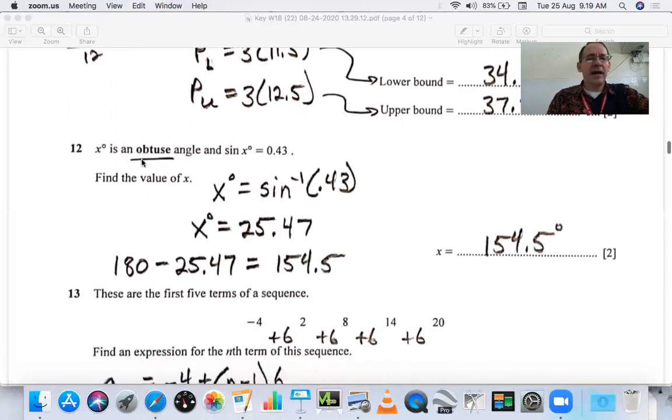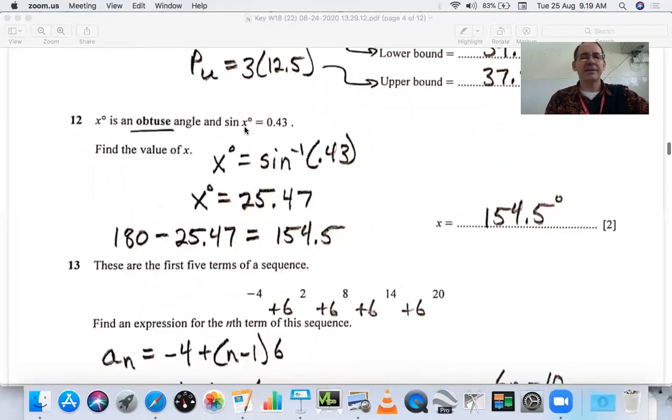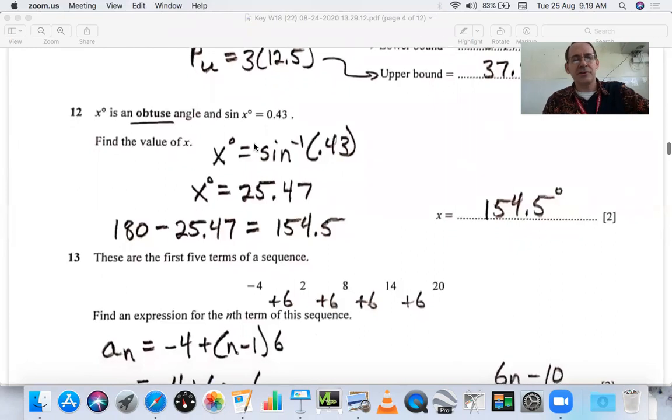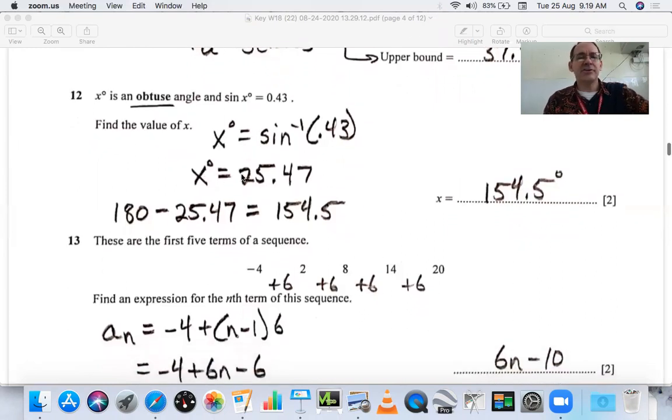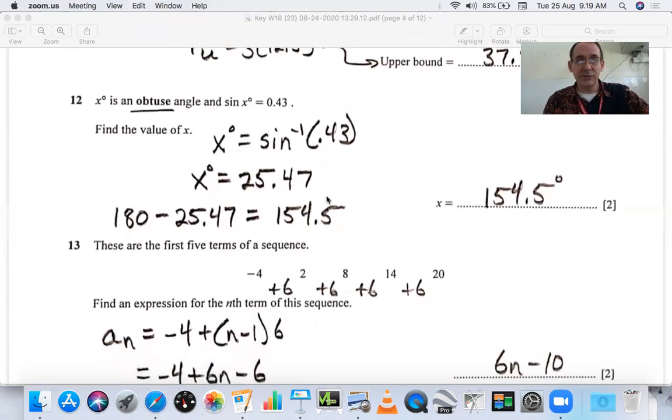Moving on, here we have an obtuse angle. When you solve for x, you still inverse sine your 0.43. Notice you're in degrees, so make sure your calculator is in degree mode, because you're using a trig function on your calculator. Your x degree would be 25.47, because your calculator gives you the acute angle.